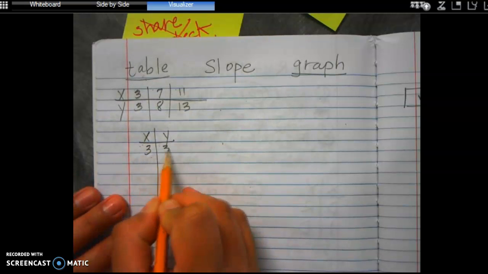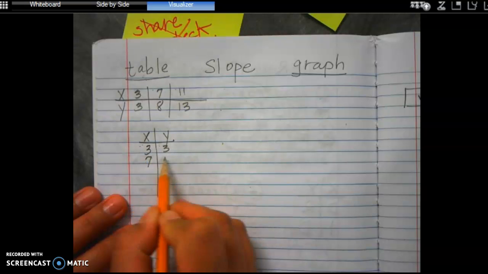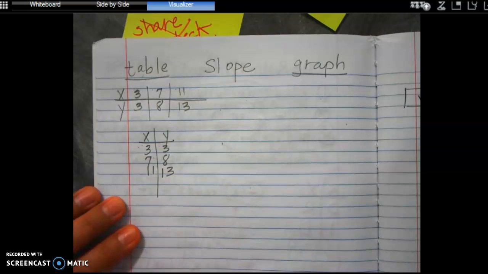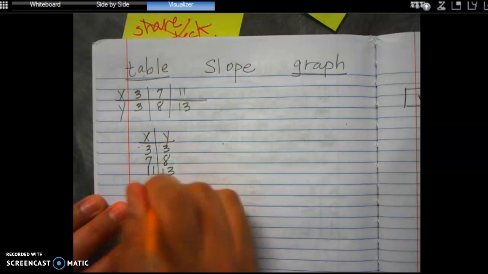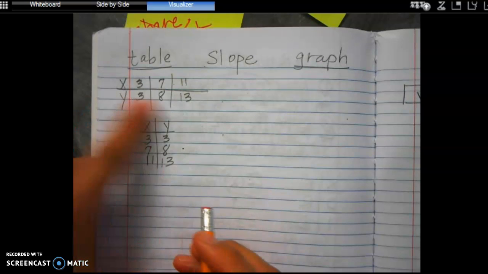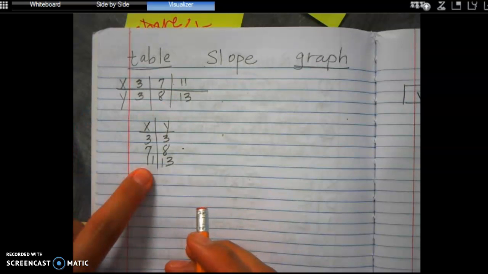So 3 is with 3, 7 is with 8, 11 is with 13. I have the same numbers, they're just presented differently because one is horizontal, one is vertical.